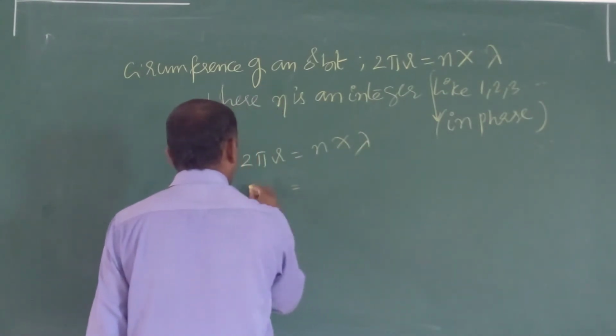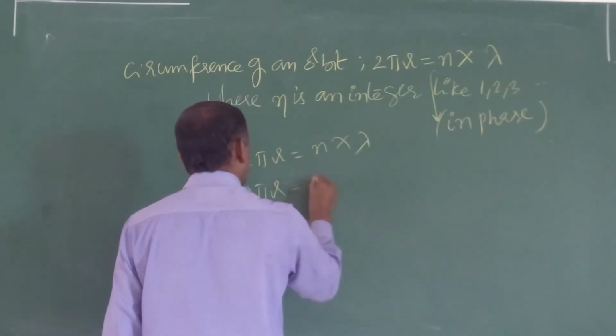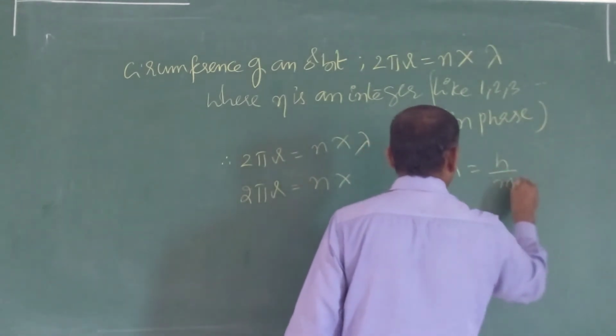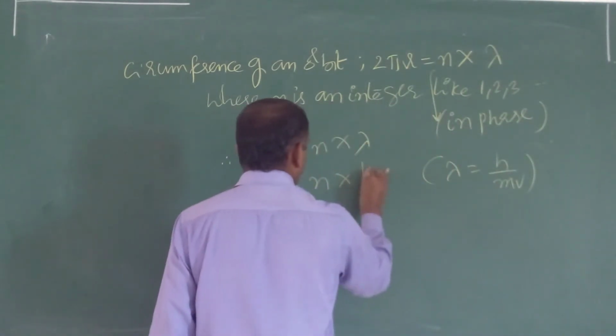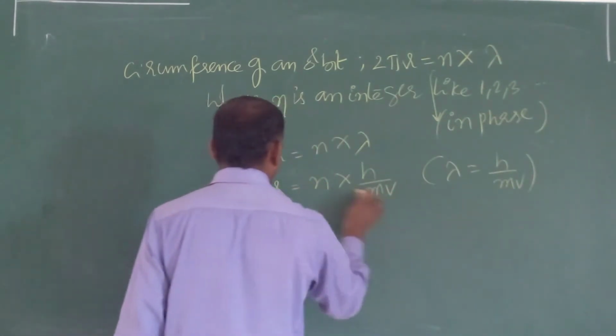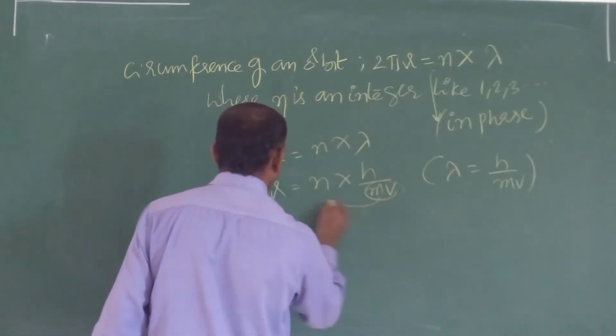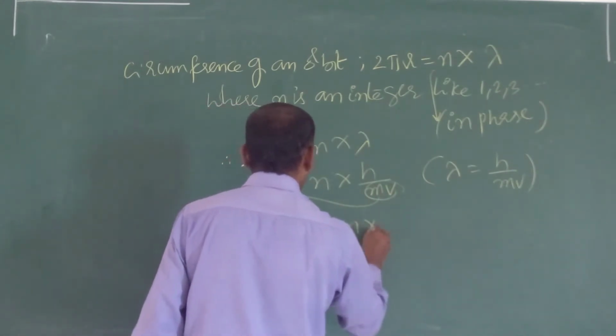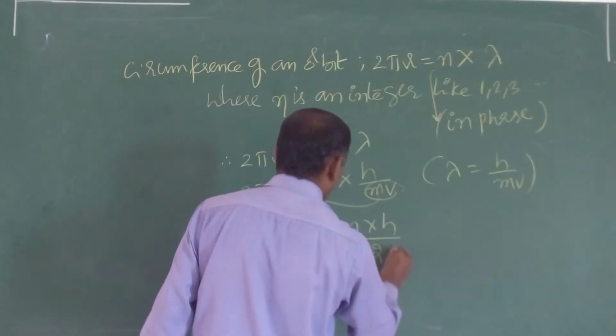But according to de Broglie, the wavelength formula is lambda equal to h by mv. Therefore, cross multiplication, mvr equal to nh by 2 pi.